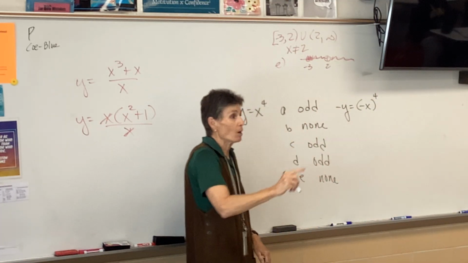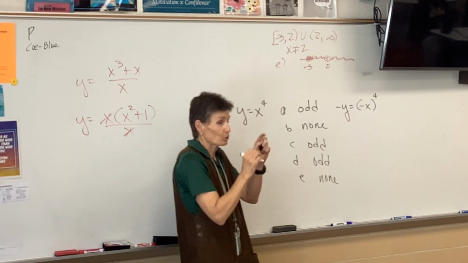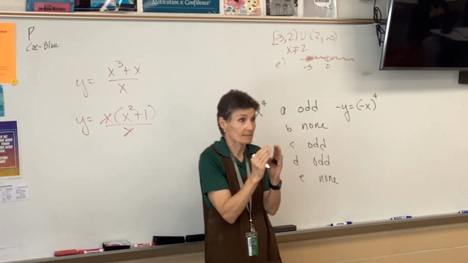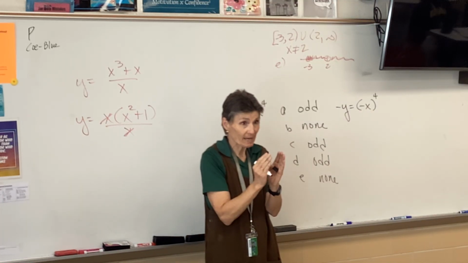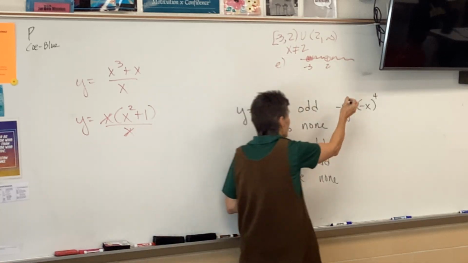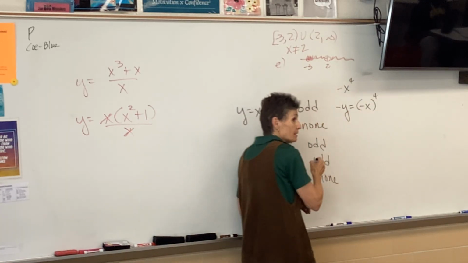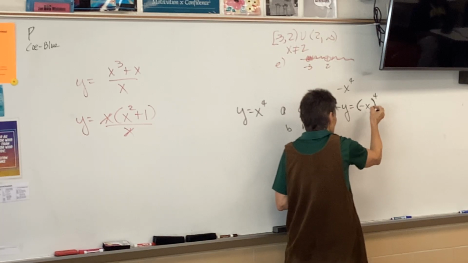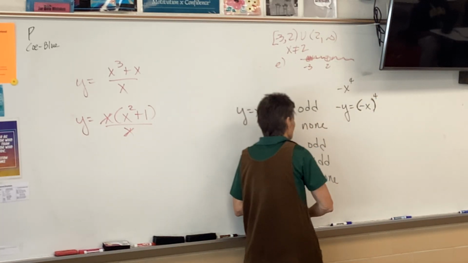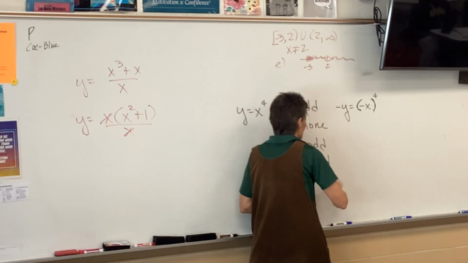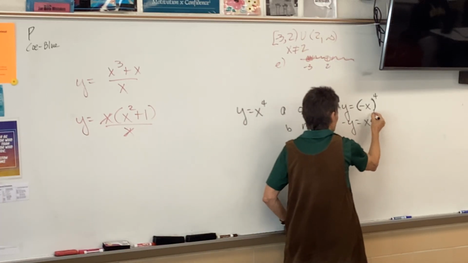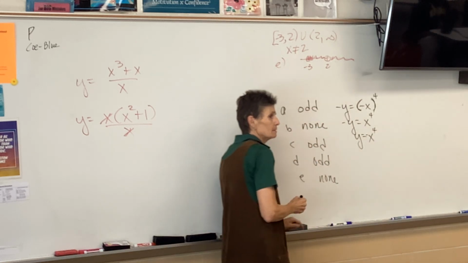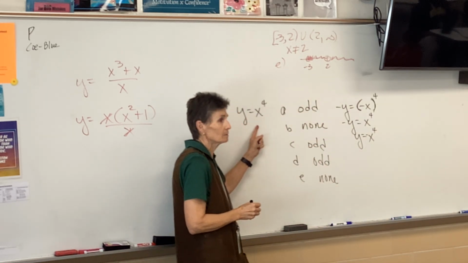Now that could be a problem. Remember, you're changing the whole x into negative x. You're replacing the x with a negative x, and then you're going to fourth it. So negative y equals x to the fourth. Does that match the original? No.